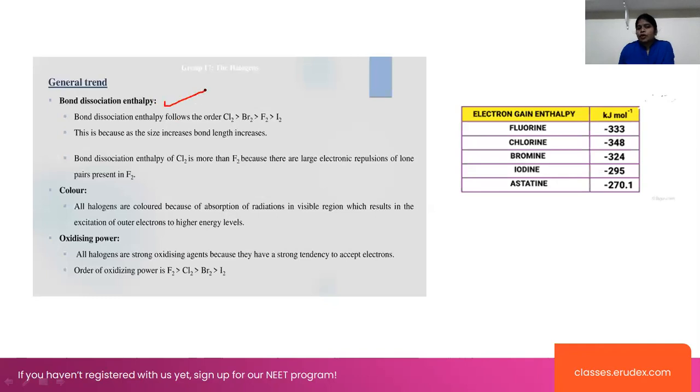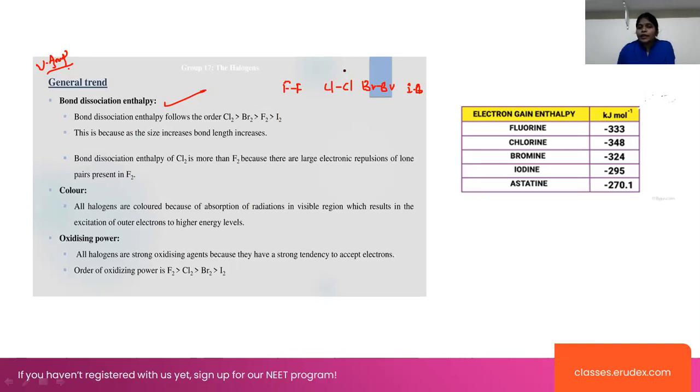Bond dissociation energy is very important. The bond dissociation enthalpy order is, in the case of fluorine to fluorine, chlorine to chlorine, bromine to bromine, and iodine to iodine. In F2, electronic repulsions increase because the atoms are close together, so the bond becomes very weak and the bond dissociation energy is less.